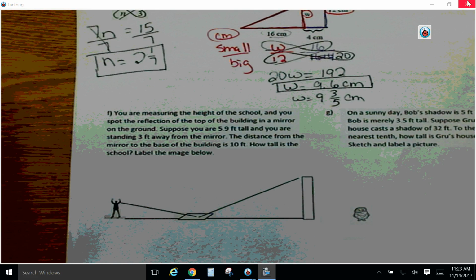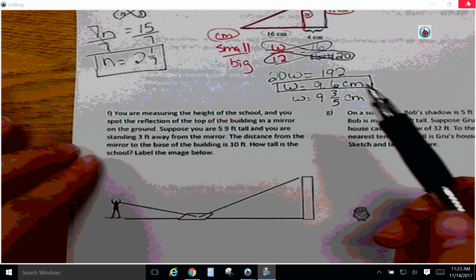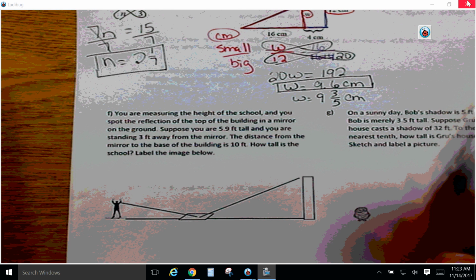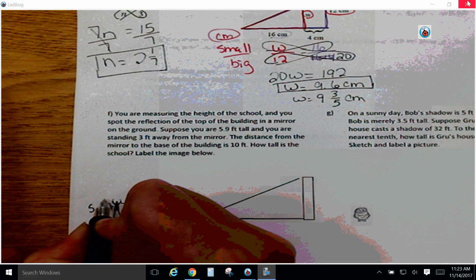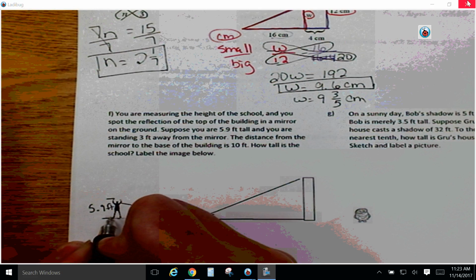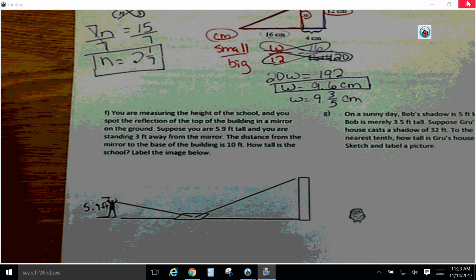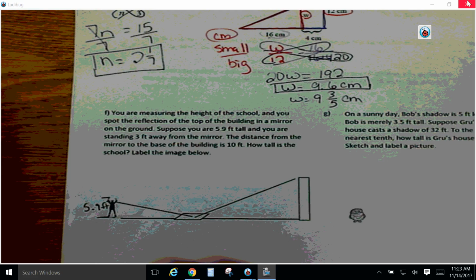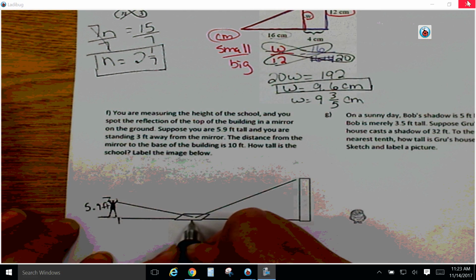So here what's so important is that you label each piece carefully. So it says, suppose you are 5.9 feet. So I'm going to label that. You are 5.9 feet here. This is how tall you are. Okay. And you are standing 3 feet away from the mirror. So this distance here is 3 feet.